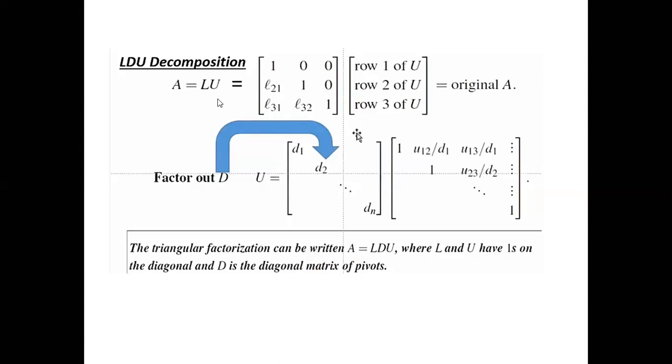U will be nothing but row 1 of U, row 2 of U, and row 3 of U, and this product will be equal to the original A, the original matrix A which is given to us.